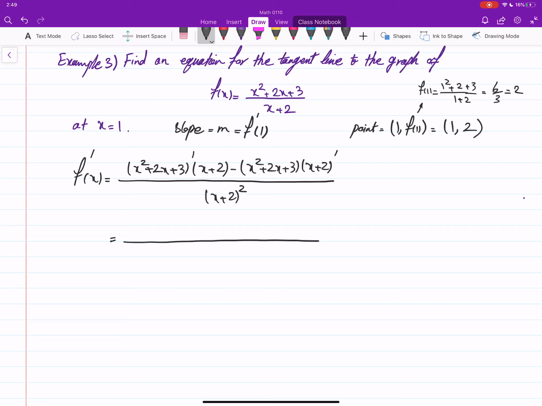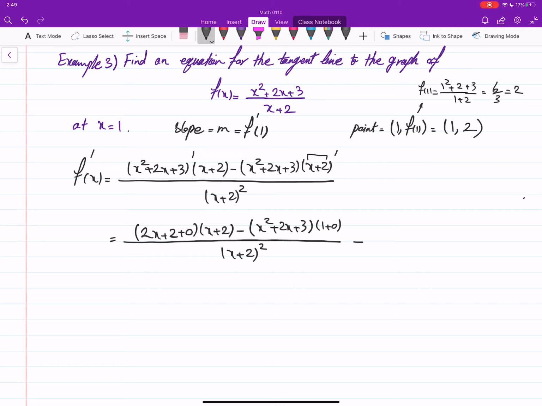This gives us 2x plus 2 plus 0, the derivative of the numerator, times the denominator, minus the derivative of x plus 2, which is just 1 plus 0, and we have it there. So that is what we were looking for.